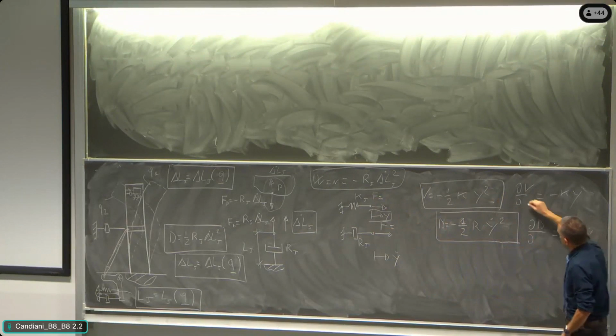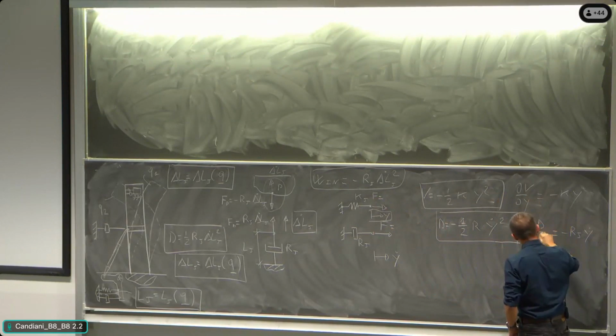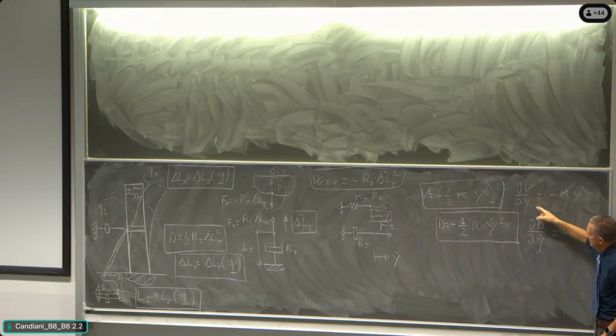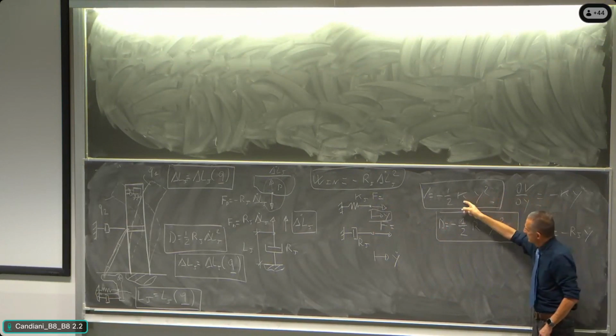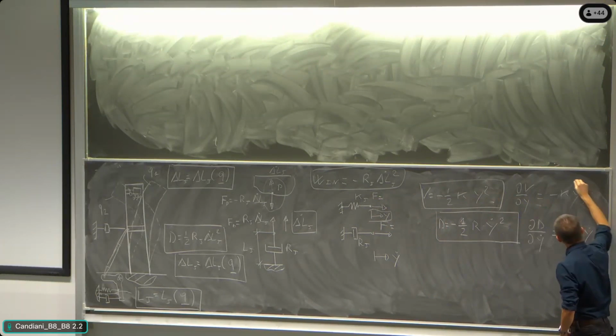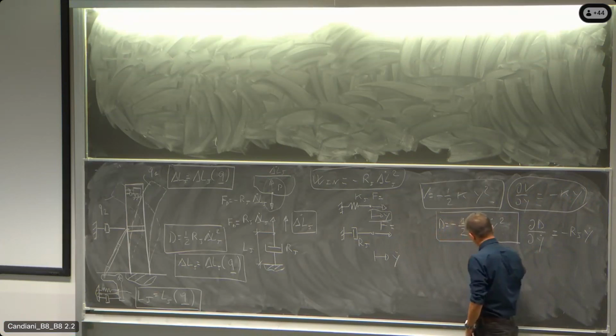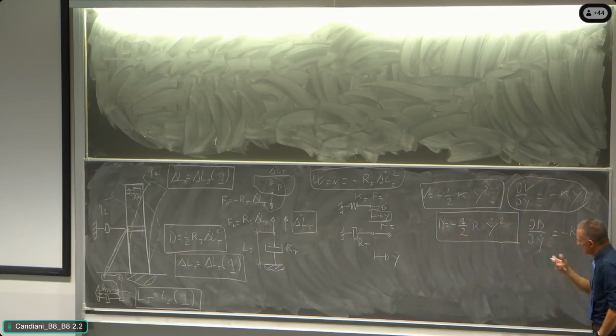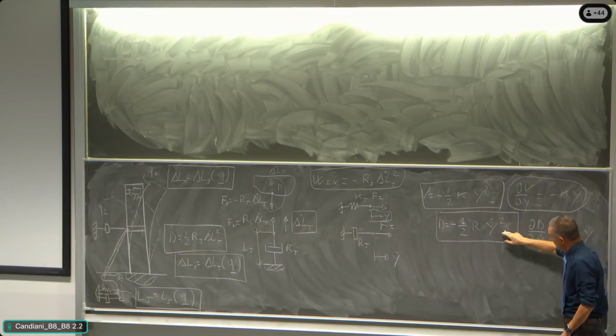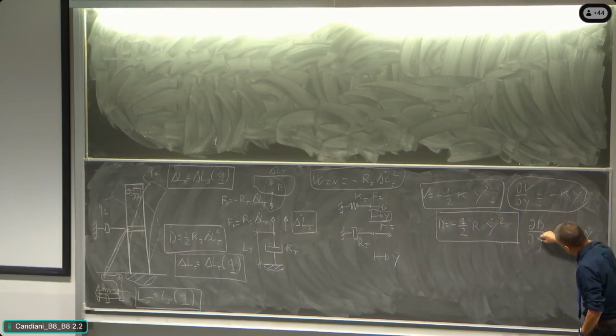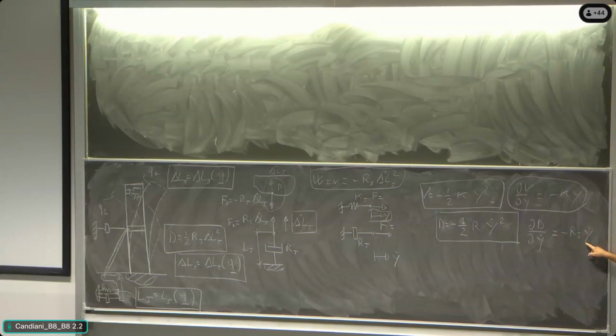So if we write the derivative with respect to the coordinate y of the potential energy, we are actually getting the force, all right? If we are using this dissipative function, it is in the same way, the derivative with respect to y dot is making again back the dissipation force, all right?